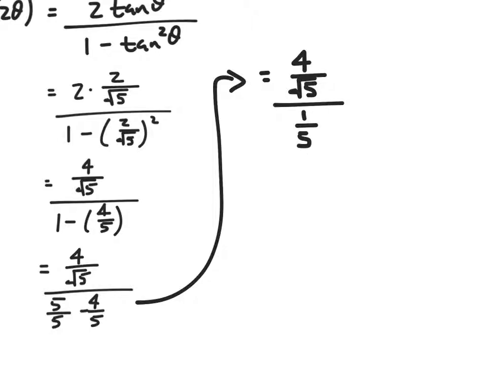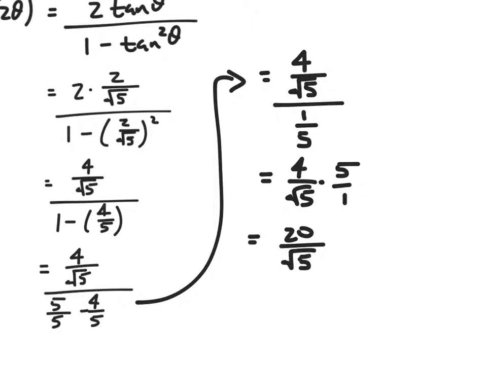Okay. So now I can rewrite this as 4 over the square root of 5. Let's multiply by the reciprocal, so 5 over 1. Okay, and so that's going to give us 20 over the square root of 5. I'm going to multiply the numerator and the denominator by the square root of 5, to rationalize my denominator.